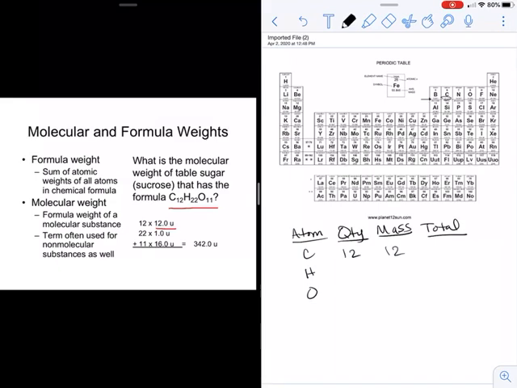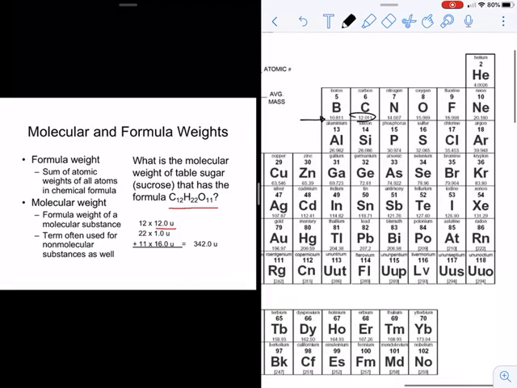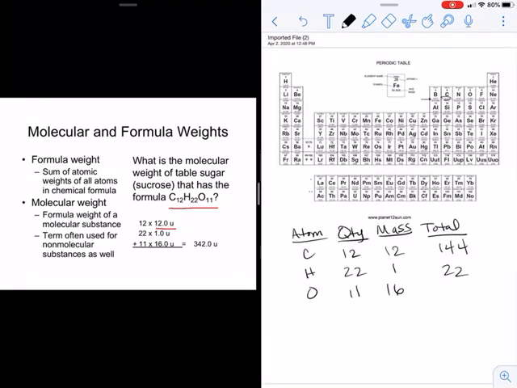So 12 times 12, 144. All right. Hydrogen, how many are there? There's 22 of them. The mass of hydrogen is 1, so that is 22. And how many oxygens are there? There's 11 of them. If you multiply that by 16, because oxygen is 15.999, so around 16, that gives you 176.